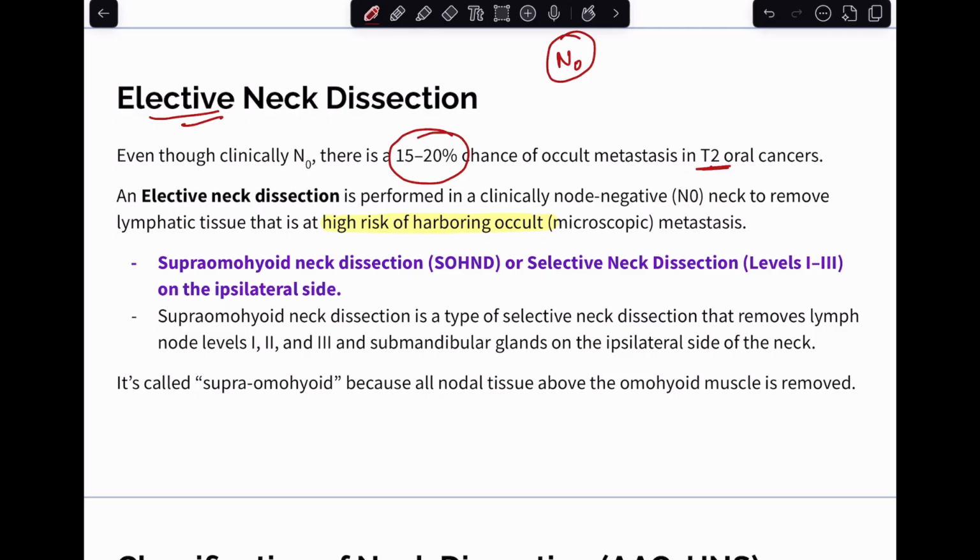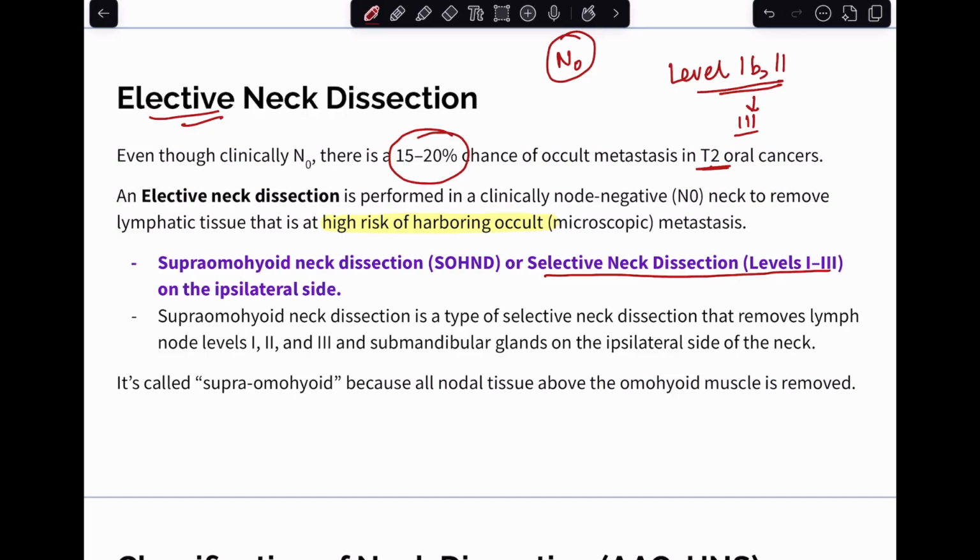Now, what are the levels that we are removing in our case? We have seen the most common lymph nodes to be involved are level 1B and level 2, and in later cases, it can lead to involvement of level 3 as well. Therefore, in this case, elective neck dissection would be a supraomohyoid neck dissection, which is also known as selective neck dissection of level 1, 2, 3 on the ipsilateral side.